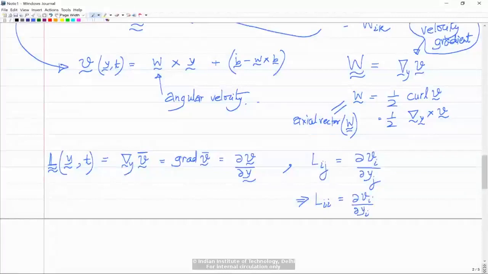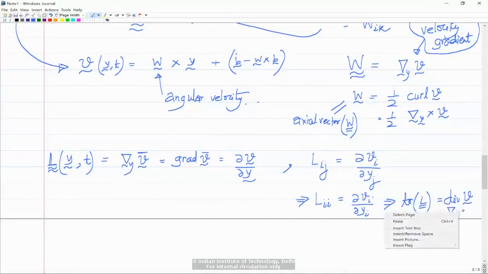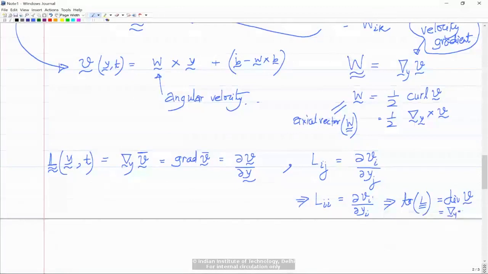And there is summation over i. So what you get is that the trace of L, tr L, is equal to the divergence of velocity, which is also written as gradient dot v.